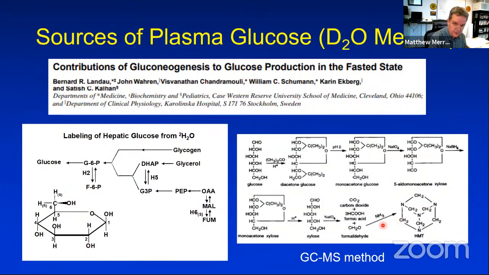So that increases your fractional enrichment by a factor of 6. That's a major sensitivity enhancement that comes from doing this. GC-MS is already quite sensitive. So that means that for this experiment you really need a surprisingly small amount of sample.